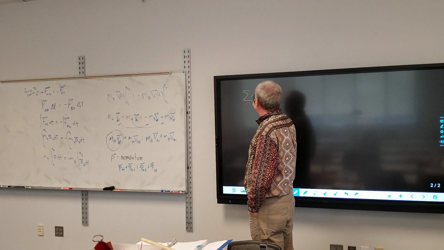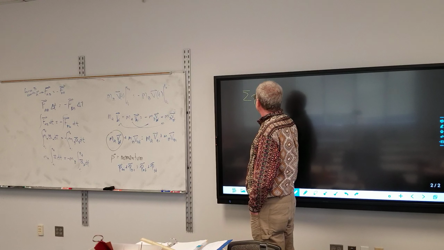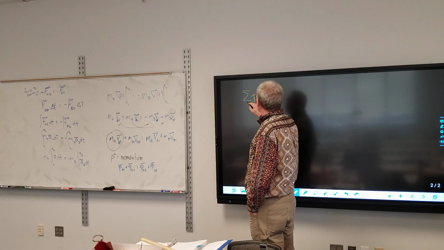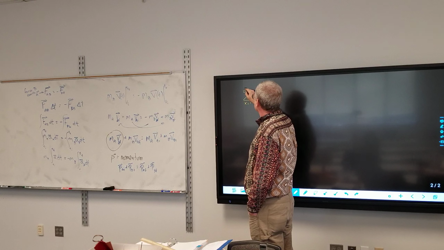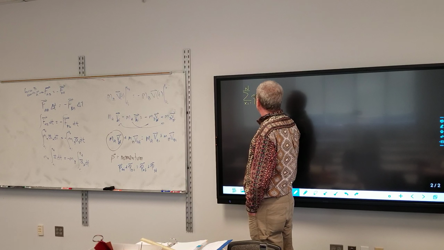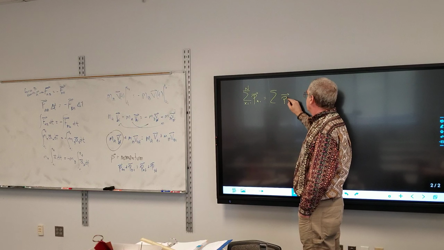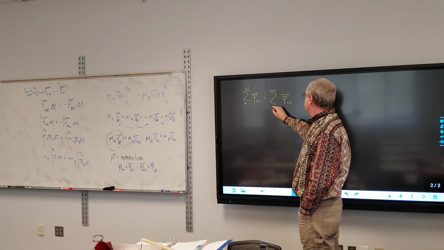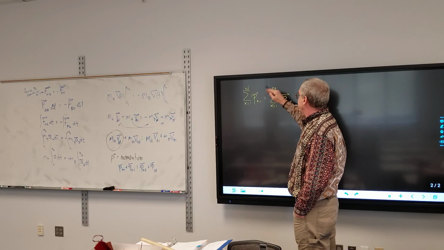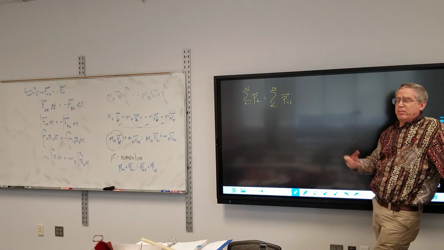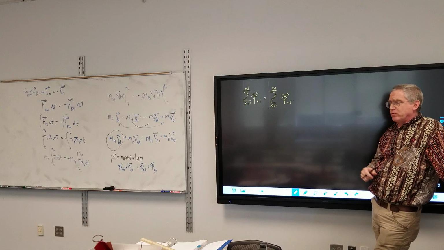The sum of p initial is going to be equal to the sum of p final; these are vectors. So if I have an n-particle system, you add up all the momentums beforehand and all the momentums afterwards, and they should be equal.